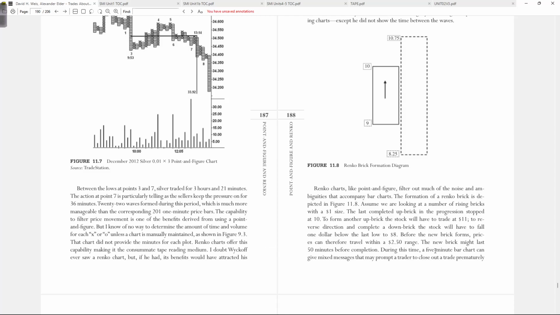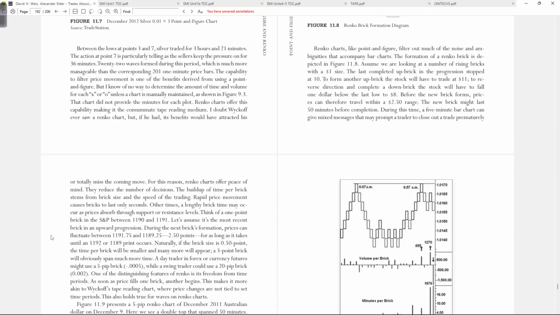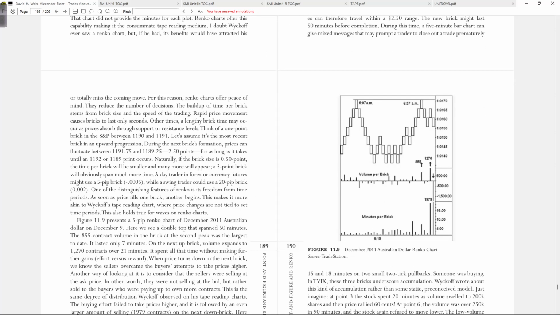During this time, a 5 minute bar chart can give mixed messages that may prompt a trader to close out a trade prematurely or totally miss the coming move. For this reason, Renko charts offer peace of mind. They reduce the number of decisions.